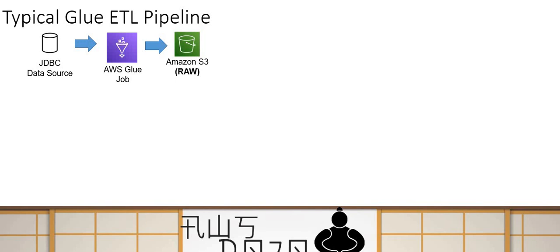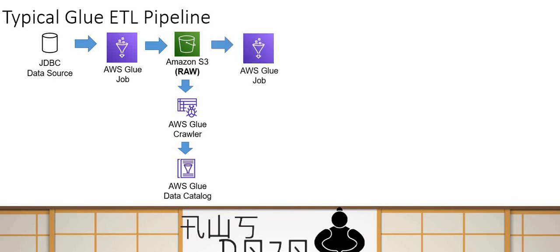And then once you load your data into your raw bucket area, you use a crawler to simply catalog your data so the data is discoverable and searchable. Once your data is in the raw bucket, you use another Glue job to convert your data into cleansed data.